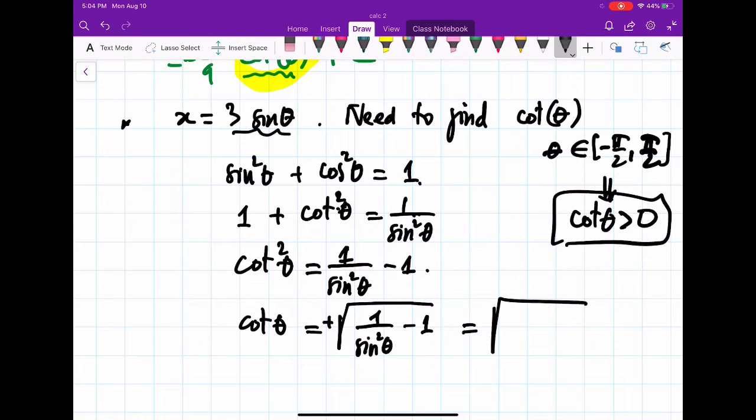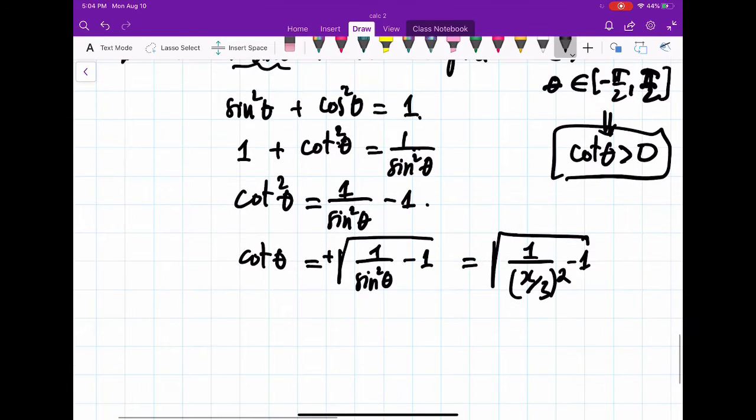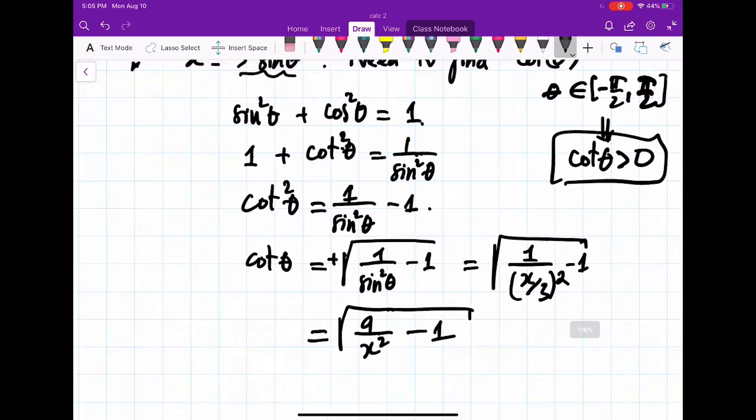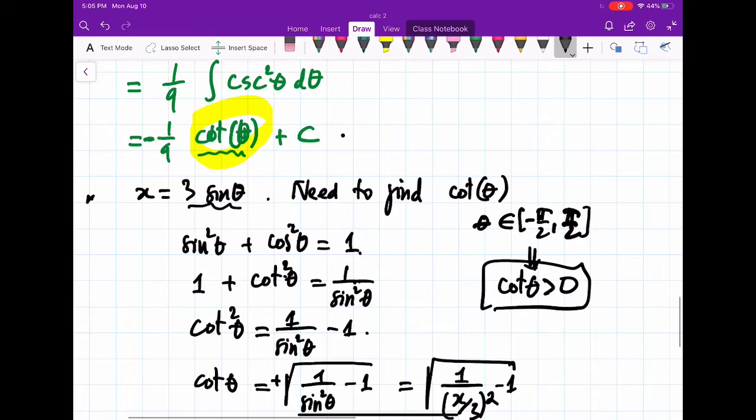So you have square root of 1 divided by (x over 3) squared minus 1 in here. So basically, here should be squared. And I can write in here square root of 9 over x squared minus 1.